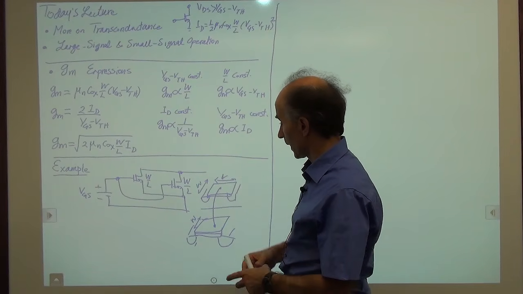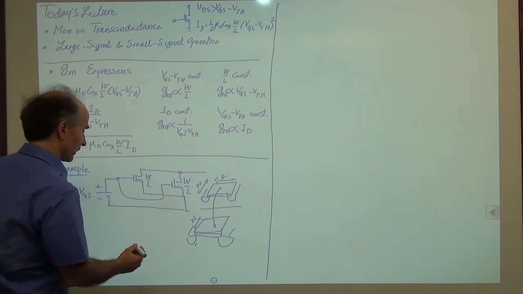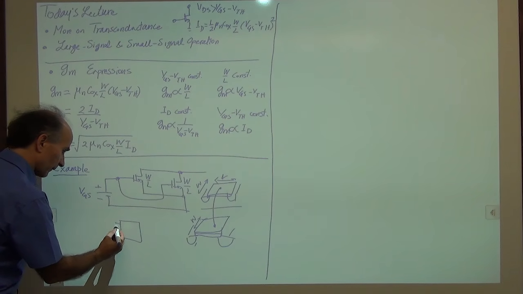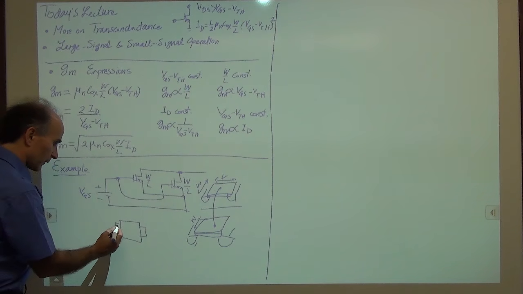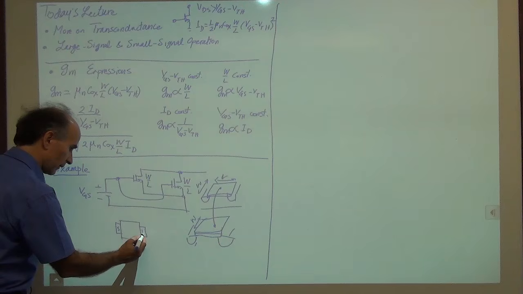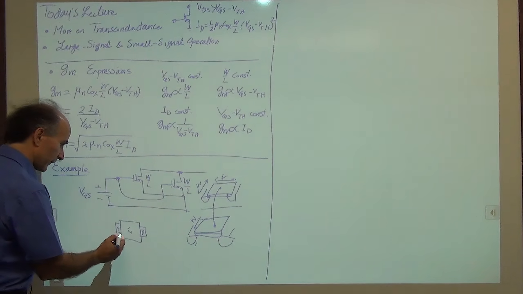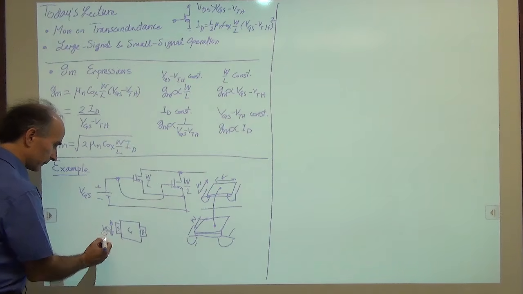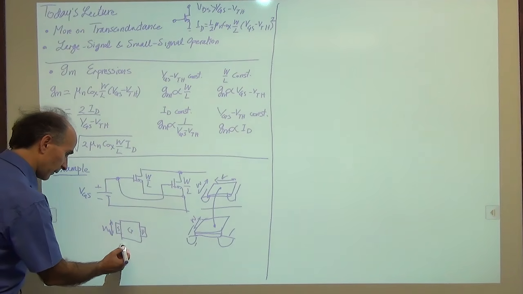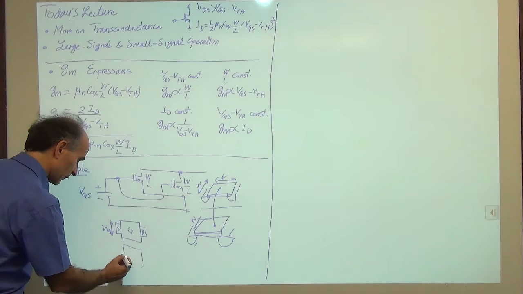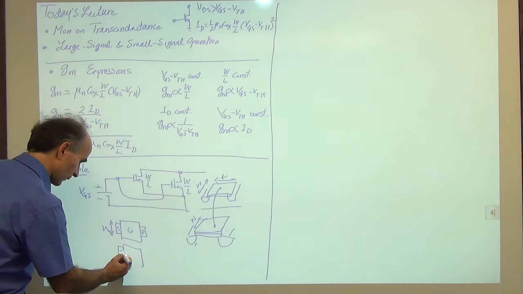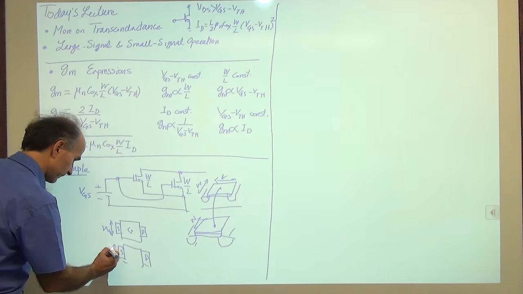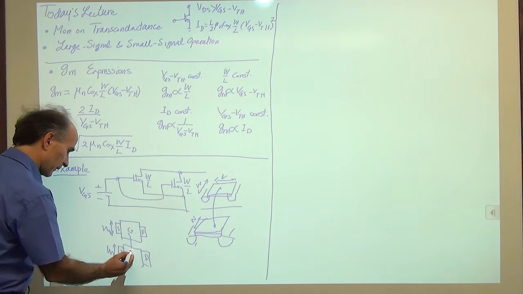If you look at the top, it might be clearer. So from the top, this is what we have. These are the source and drain. This is the gate, and this is W, right? From here to here is W. And then we have another one down here, source and drain, and this is also W. And now we just short these together, right?